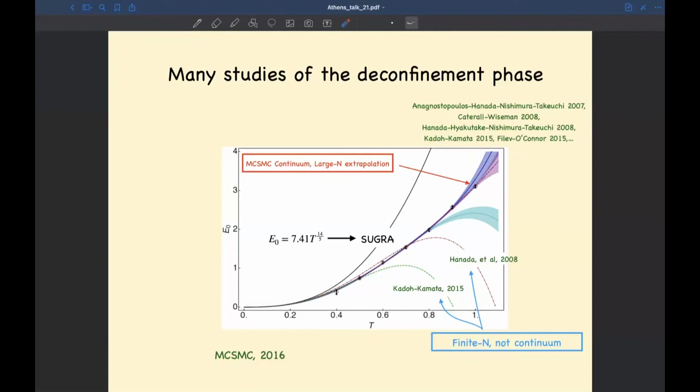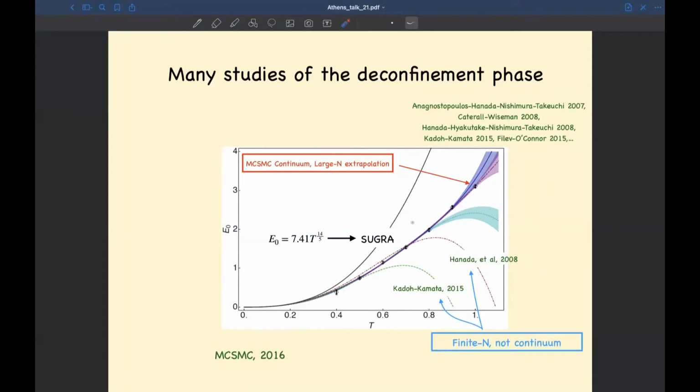And indeed, as you can see, when one approaches the low temperature regime, one approaches the low energy regime, which means that this is strong coupling. And indeed, the supergravity prediction given by this black line is reproduced by fits done for the simulation points.